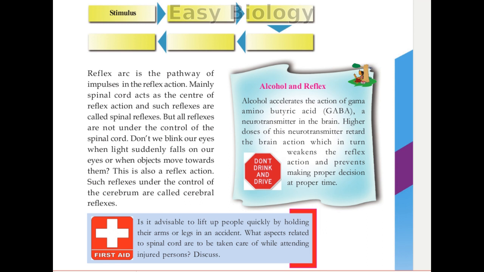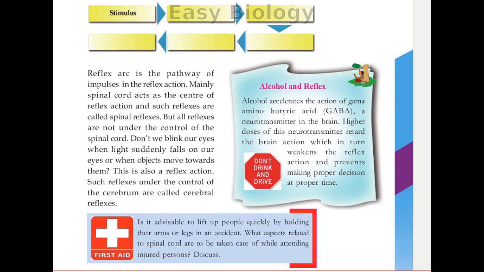If the reflex action is controlled by the spinal cord, such reflexes are known as spinal reflexes. And when the reflexes are controlled by the cerebrum, such reflexes are known as cerebral reflexes.